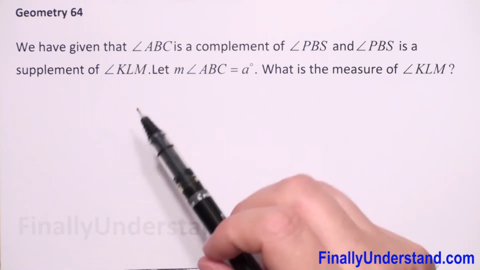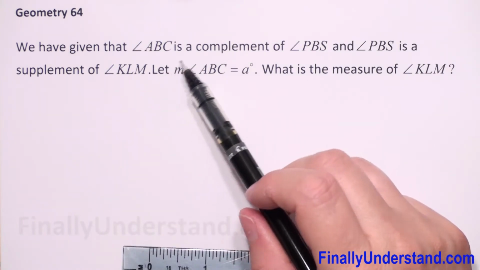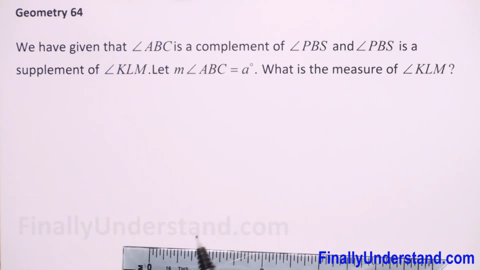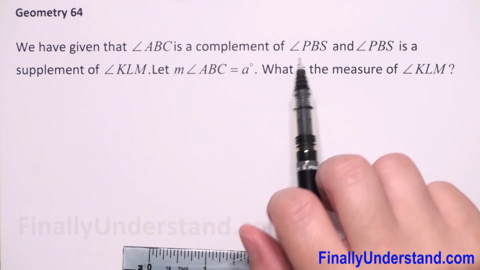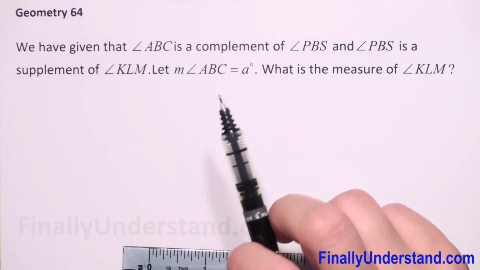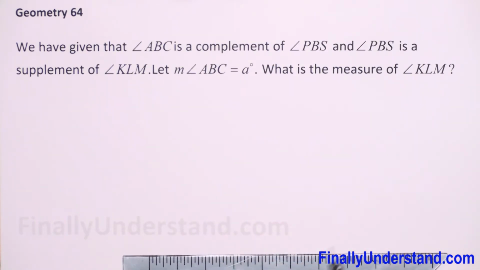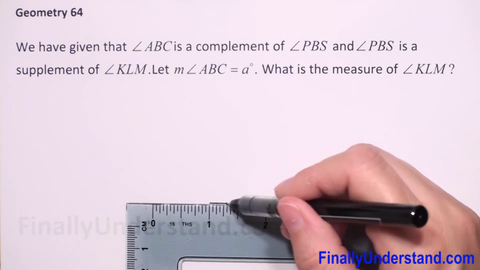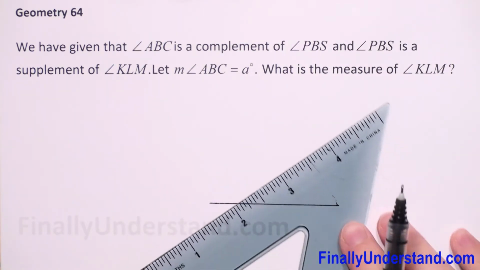We are given that angle ABC is a complement of PBS. What does it mean? It means that the sum of these two angles is 90 degrees. So let's first draw angle ABC.